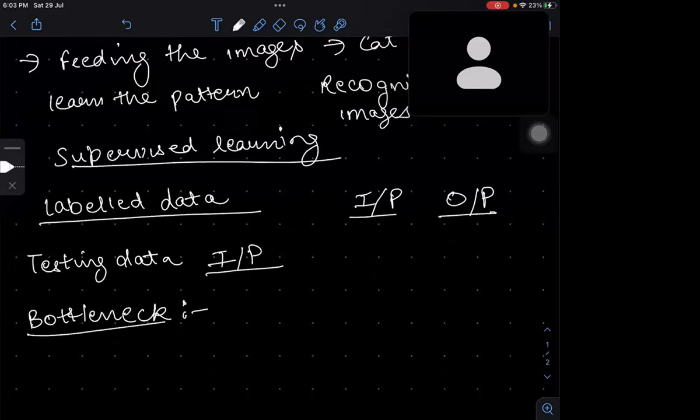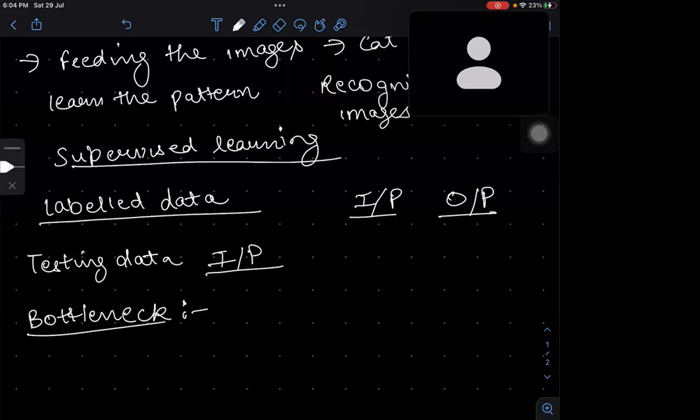Can anyone tell me what the bottleneck or limitation in supervised learning is? Come on, what can be the limitation? I told you that we are feeding images and giving the output, that this is the input and this is the output. Then what can be the limitation?